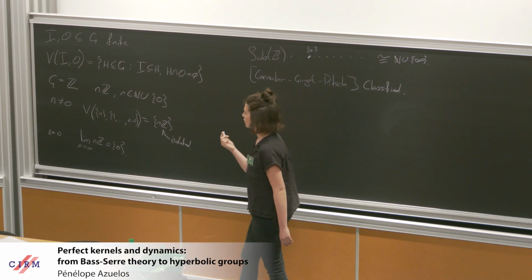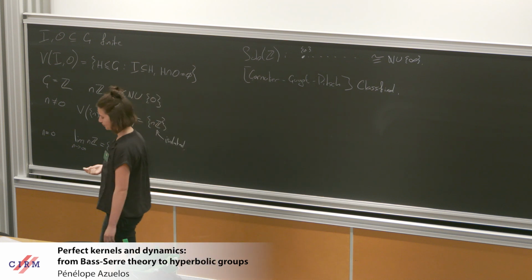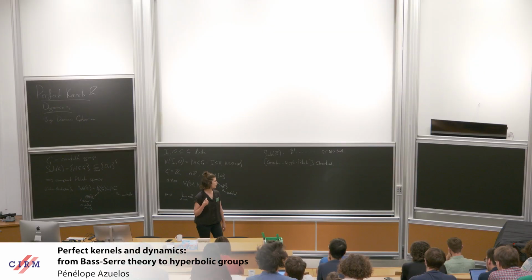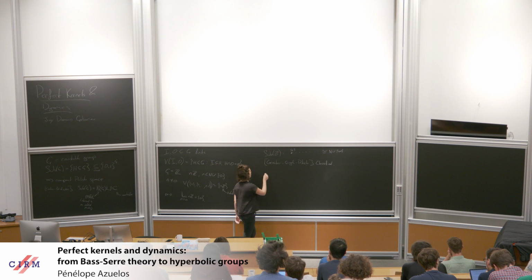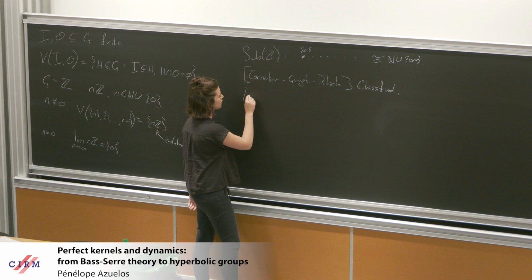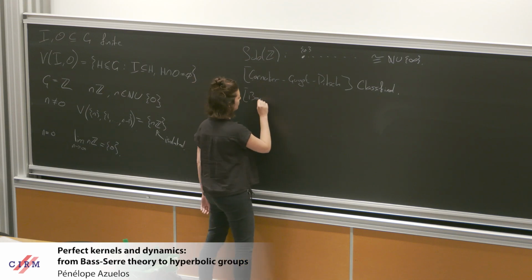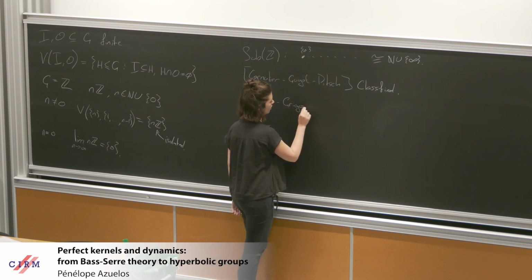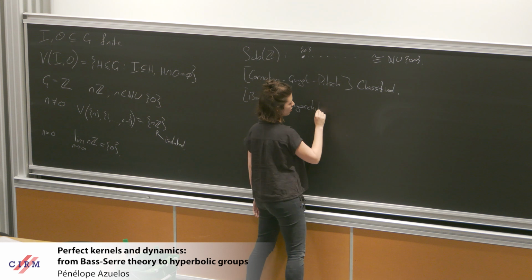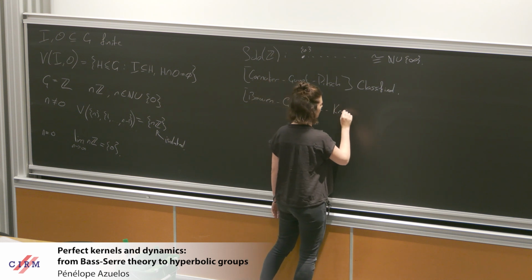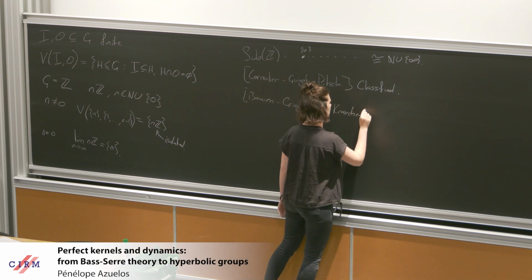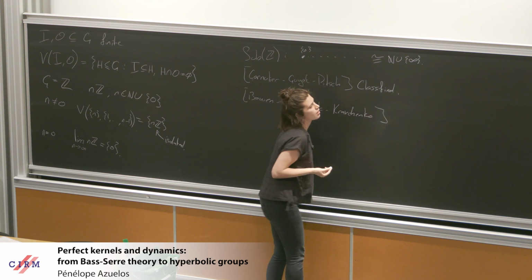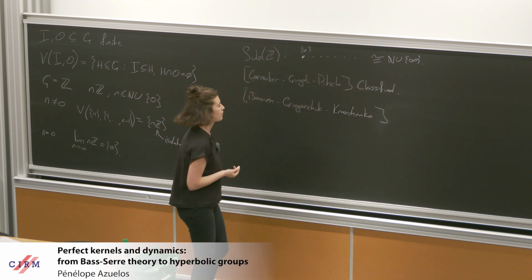And in terms of these perfect kernels, they were found for a number of groups. In particular, there's a result by Bowen, Grigorchuk, and Kravchenko. They found what the perfect kernel was for the Lamplighter groups.